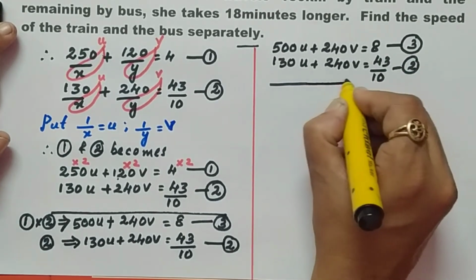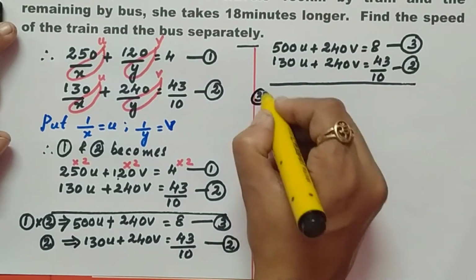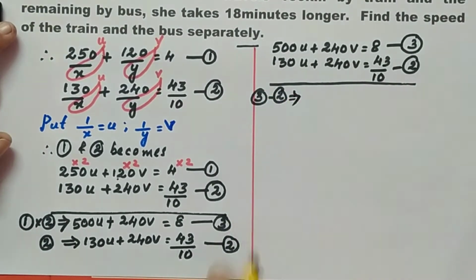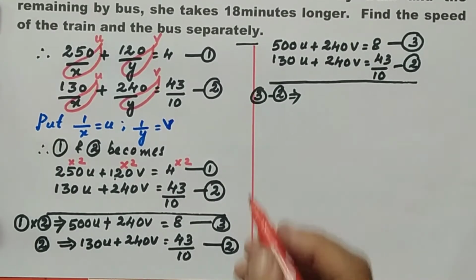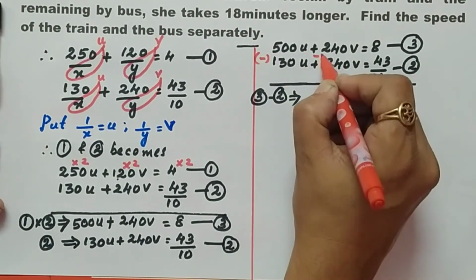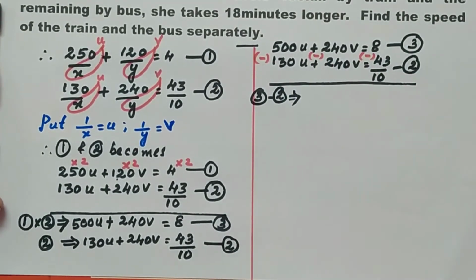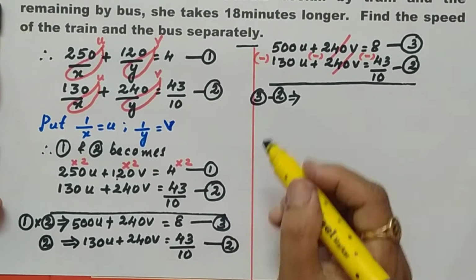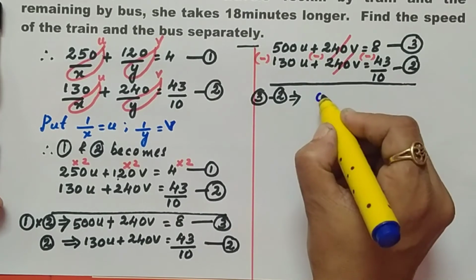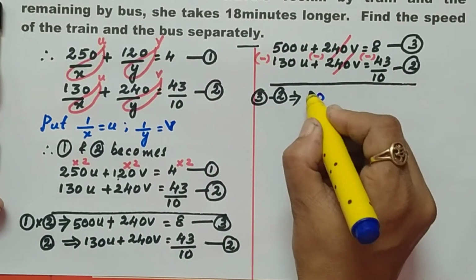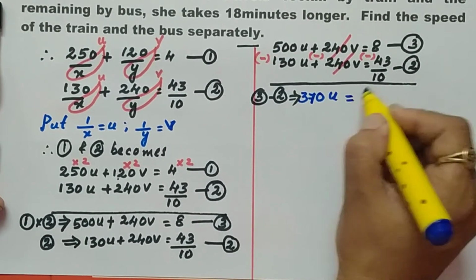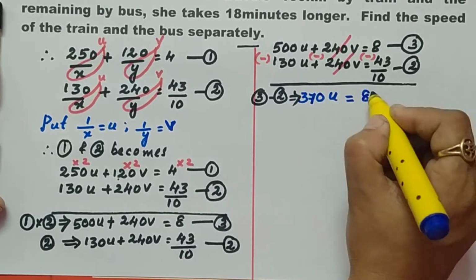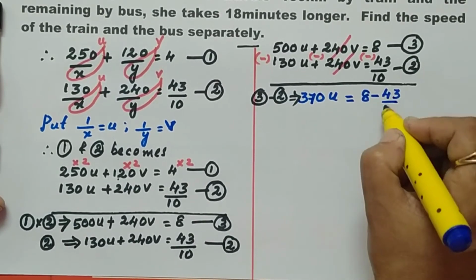How to do these two? By subtracting 3 minus 2. When subtracting, you know that the below equation changes its signs to minus, minus, minus. So 240v minus 240v gets cancelled. The remaining is 500 minus 130, which is 370u, equals, look at the right side, 8 minus 43 by 10.